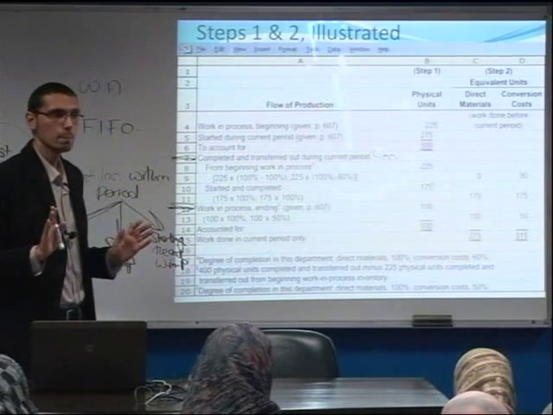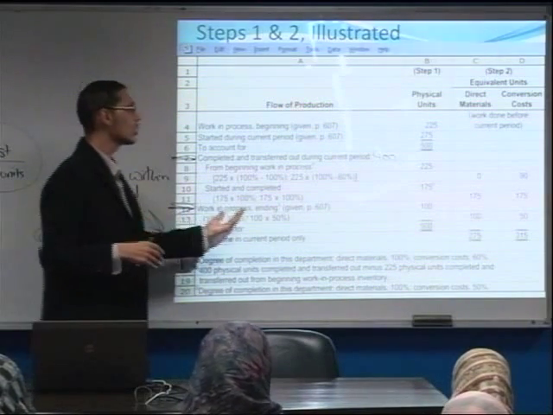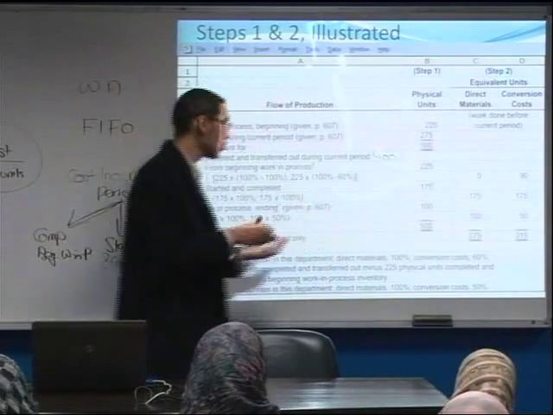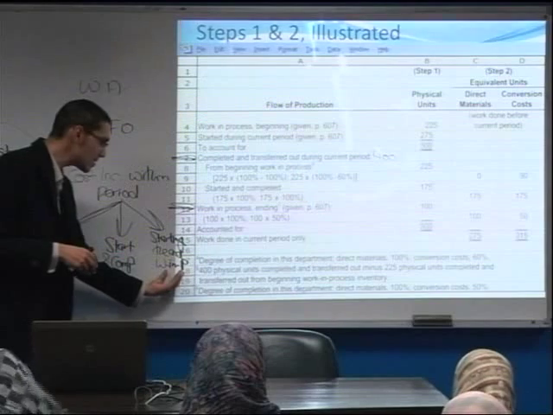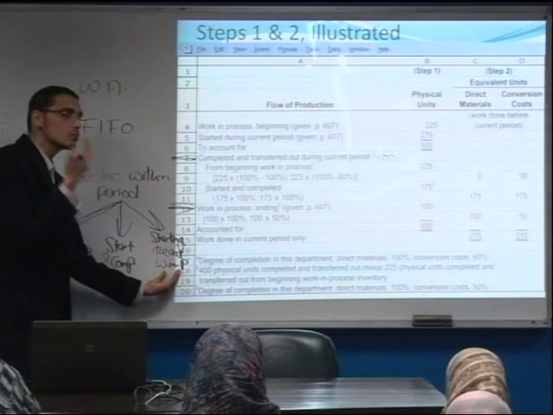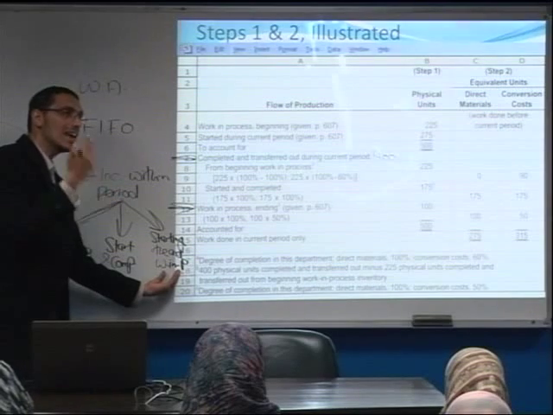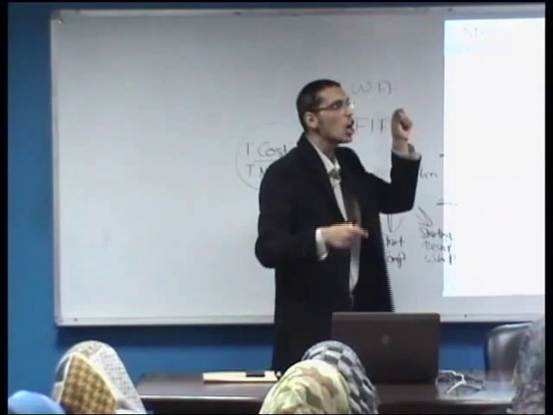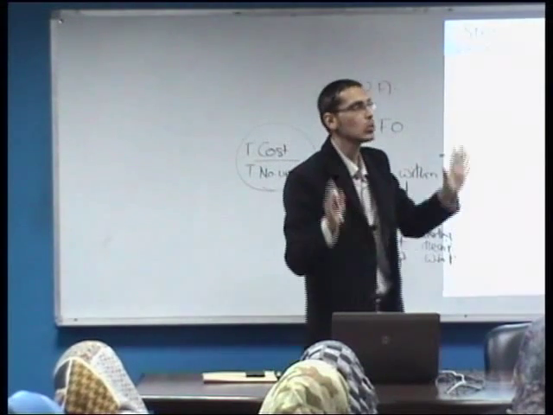Any questions? Now let us go to the ending work in process. What would be the work done on the ending work in process? Of course, as we said, according to the FIFO, we are calculating according to the assumption that the ending work in process was started in this period but was not finished.